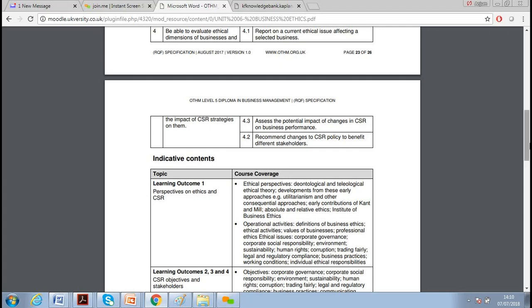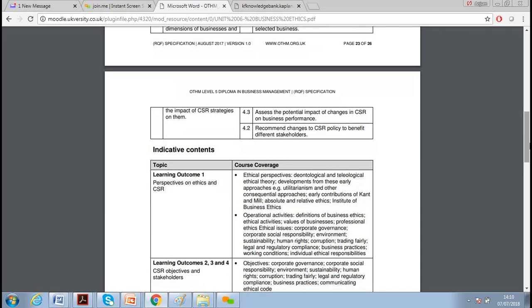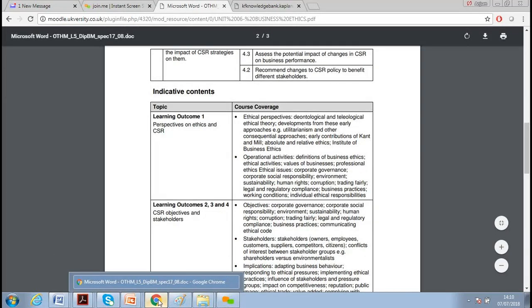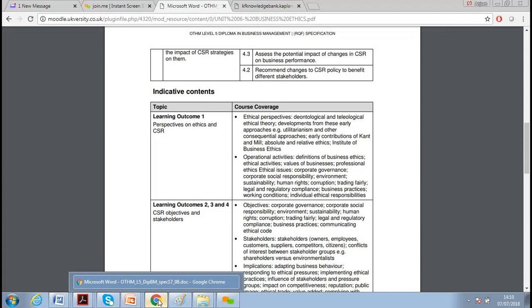And we discussed what is meant by ethics. We discussed professional codes of ethics and corporate social responsibilities. Okay, so we covered all of this during our last lesson.